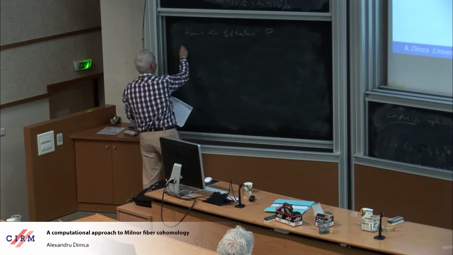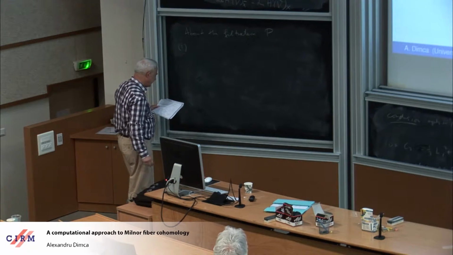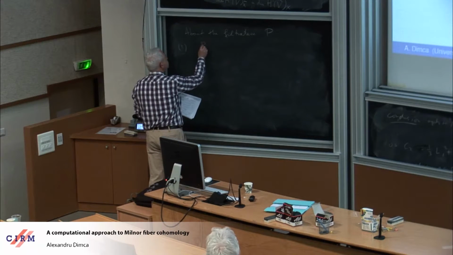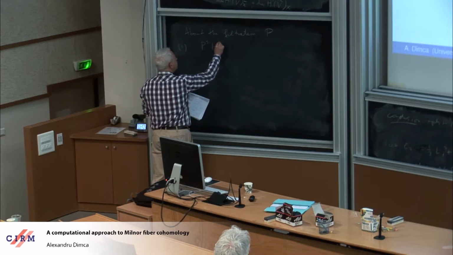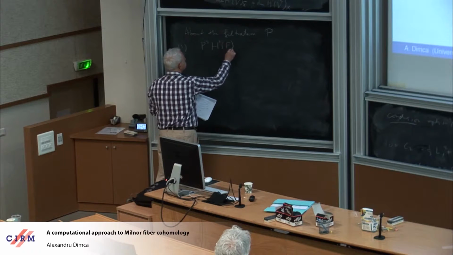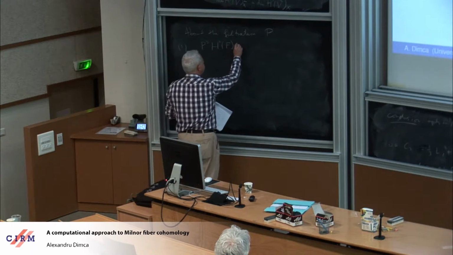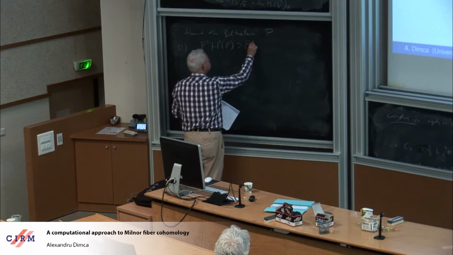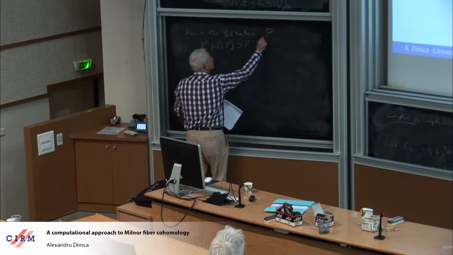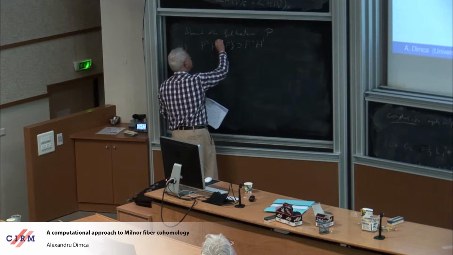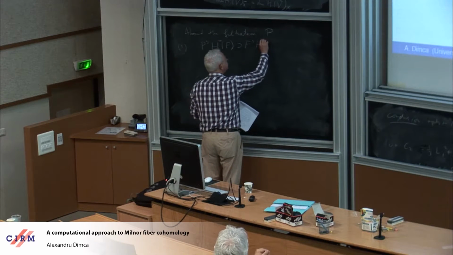So there are a few important facts. The first fact is that if I look at any cohomology group, this filtration is larger than the Hodge filtration. Maybe I put M because K was fixed.